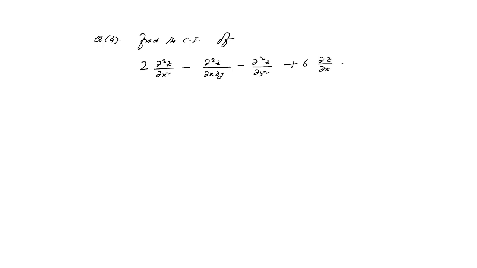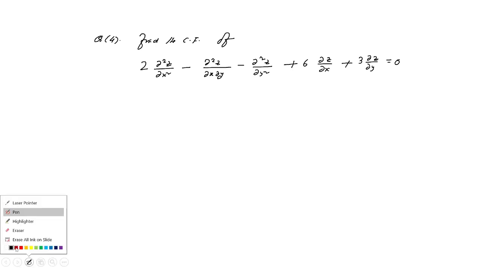So question 4, find the complementary function of 2 del 2z del x square minus del 2z del x del y minus del 2z del y square plus 6 del z del x plus 3 del z del y equals to 0. Or we can write the general solution because it is a homogeneous equation.